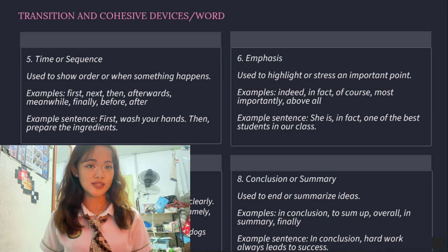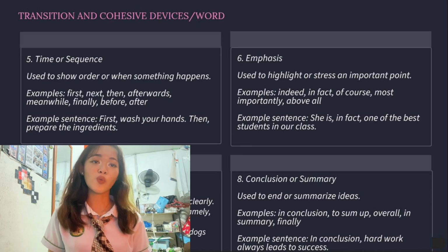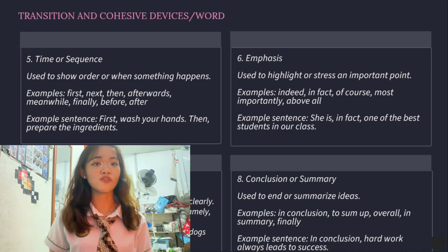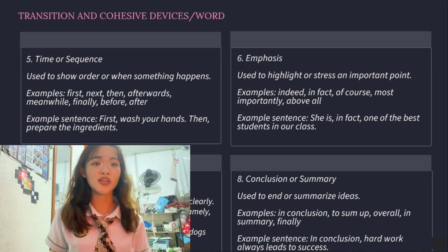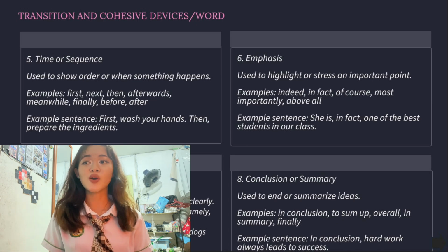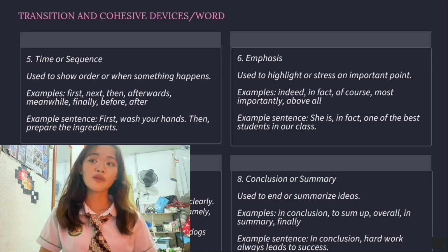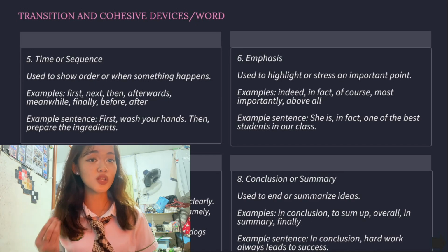When we say process, obviously it is about the method that is taken to perform something. So when we talk about process, of course, we would say first we prepare this and that, second we do this and that, and then finally, so on and so forth. So an example here is first wash your hands, then prepare the ingredients. So that indeed shows sequence, the chronological order in performing something.